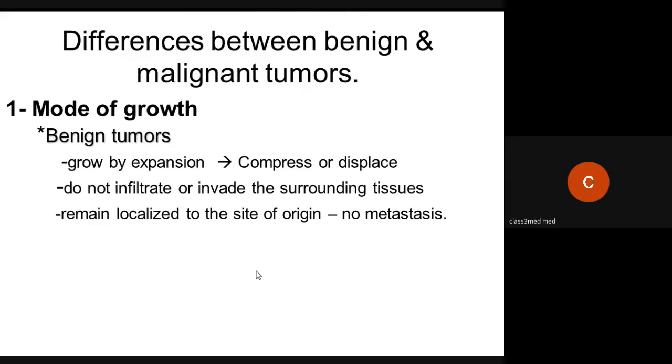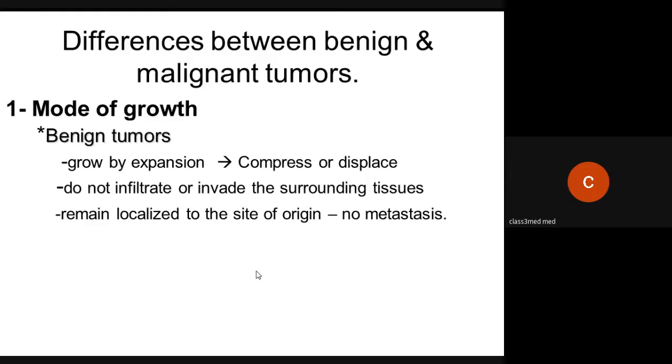What are secondary or metastatic tumors? Secondaries and metastasis are a characteristic feature of malignant tumors.